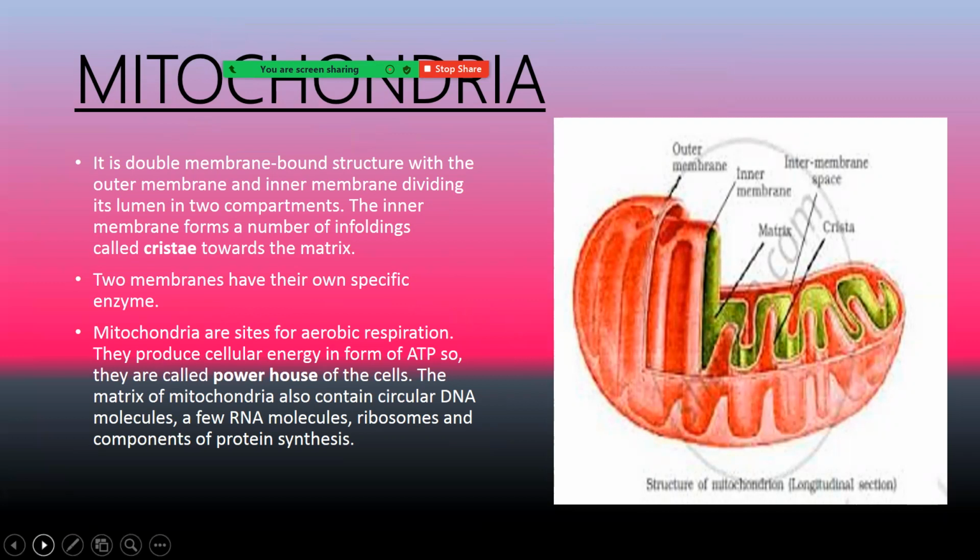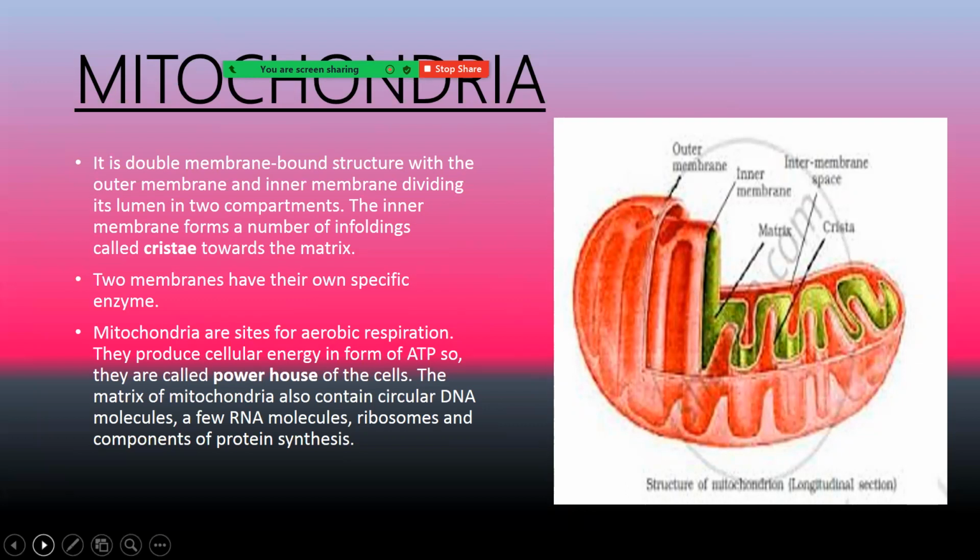Mitochondria, children, is a double membrane bound structure with an outer membrane and an inner membrane. Between the outer and the inner membrane there is a space, the intermembranous space, and then there is a space inside the inner membrane.